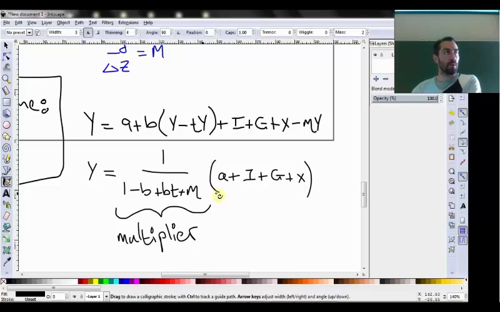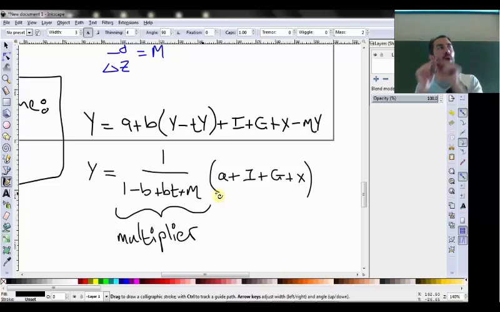Why is the multiplier smaller? Because there are leakages. Remember that we have a marginal propensity to import. Before, when we got our income, we would then consume it. Now we get our income, we pay taxes, then we consume it. So you can see that the multiplier is going to be reduced because first we have to pay taxes.